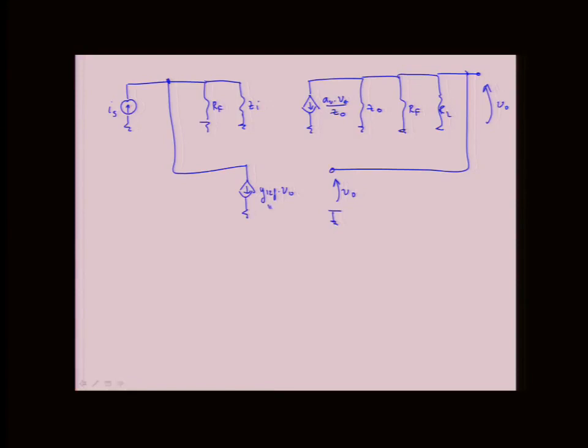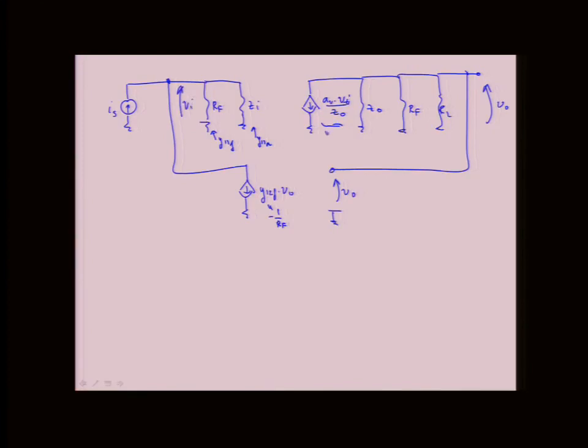So this Y12 will be minus 1 over RF. Right? This thing here would be Y11 feedback. This will be Y11 amplifier. This piece over here, I can say this is VI, and VI is here.